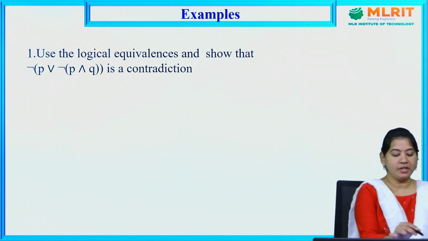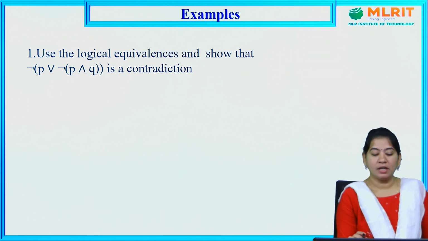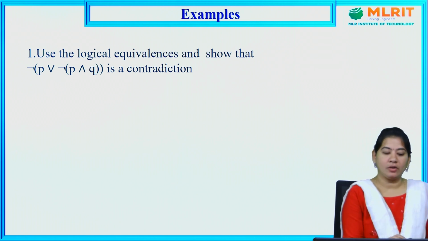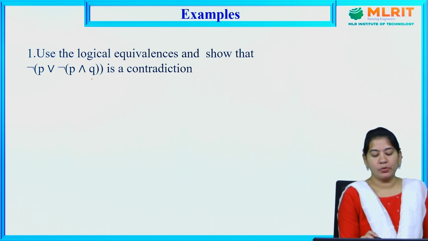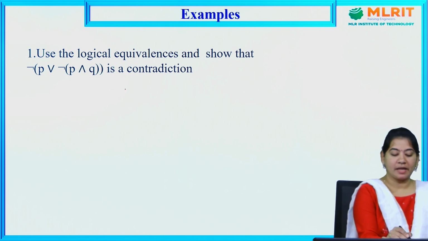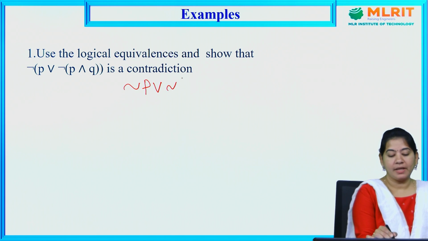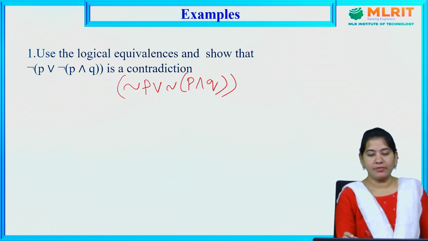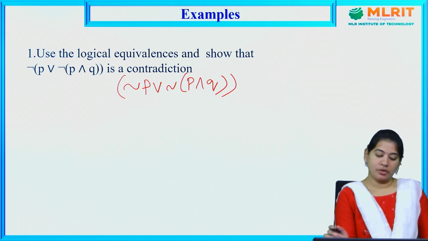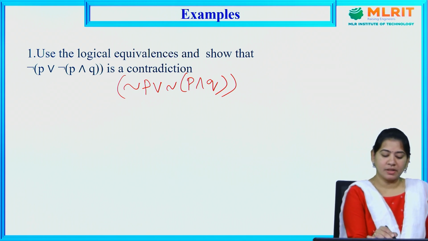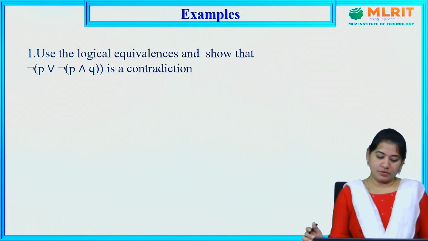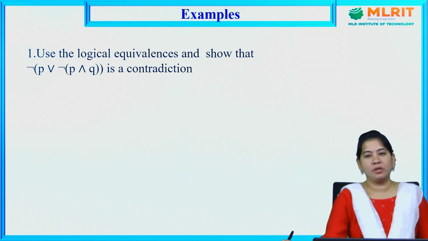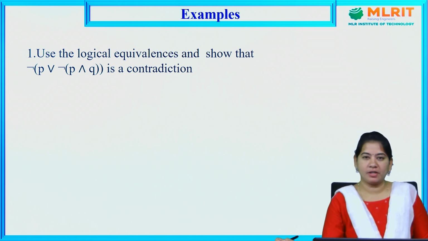So the question is here, use the logical equivalence and show that negation P or negation of (P and Q) is a contradiction. So let us write here negation P or negation of (P and Q). So this is the given question and we need to solve until we get here F. Let us solve some problems based on the logical equivalence by using replacement process.